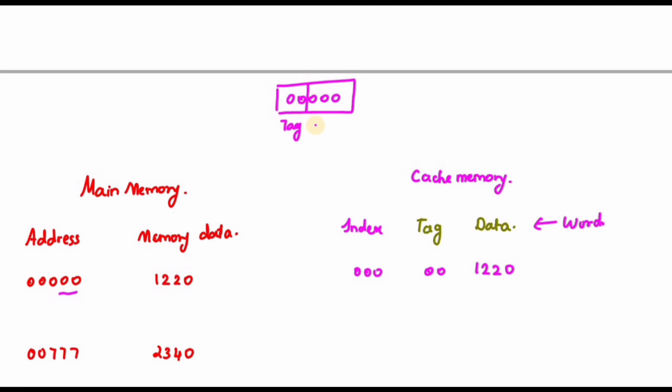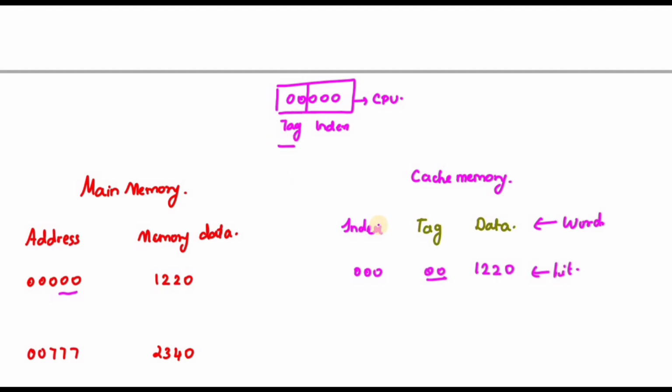This is my tag, and this is my index field, which is sent by the CPU. The index field is used to access the cache, and the tag stored there is compared with the tag sent by the CPU. If the data is there in the cache, it is called a hit.